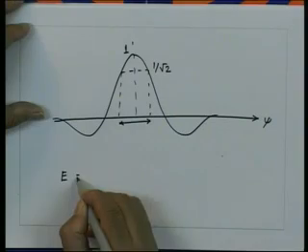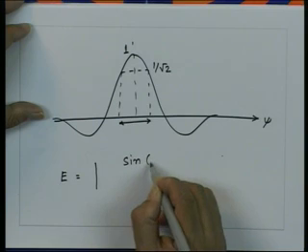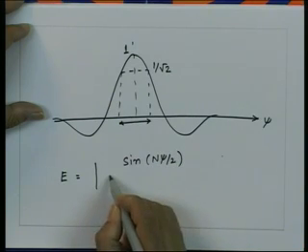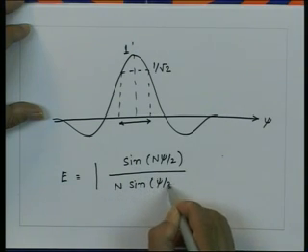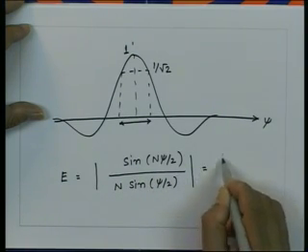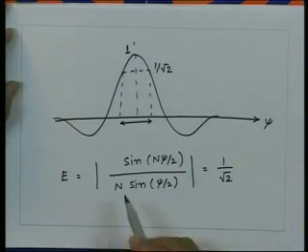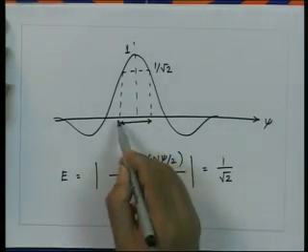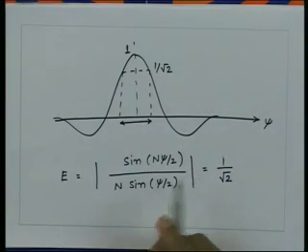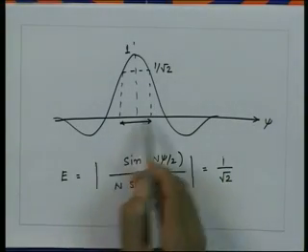Essentially, if I take this expression for electric field E, which is sine of n psi by 2 divided by n sine psi by 2, and equate that to 1 over root 2, we have to solve this numerically, because we cannot solve it analytically. Find out these 2 directions where the amplitude will reduce to 1 over root 2 of its maximum value, and then find out the half power beam width.